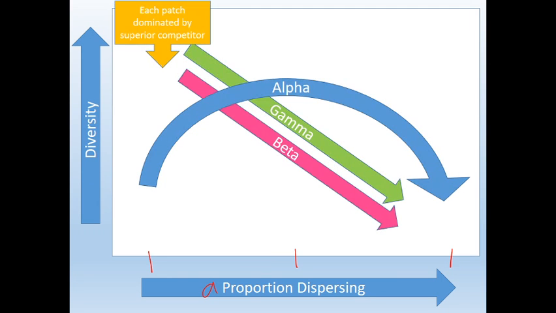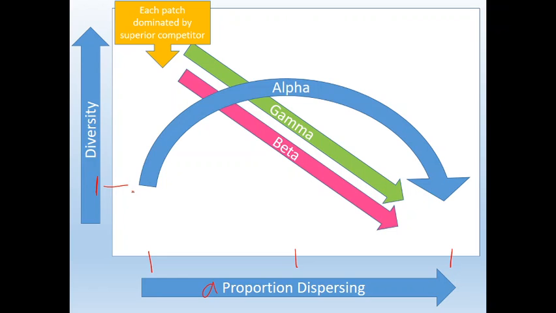Now, what happens at a really low proportion of the species dispersing is that each patch essentially gets dominated by a single superior competitor. So what that means is essentially alpha diversity is one, right? One species.